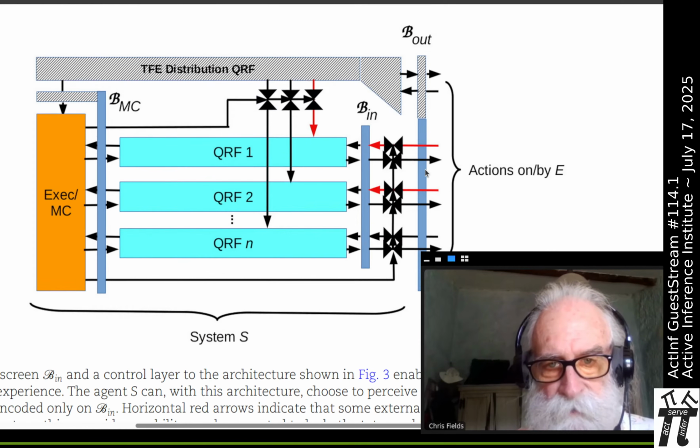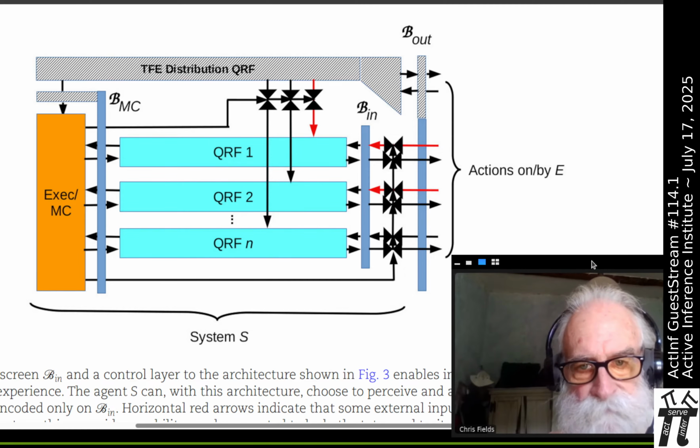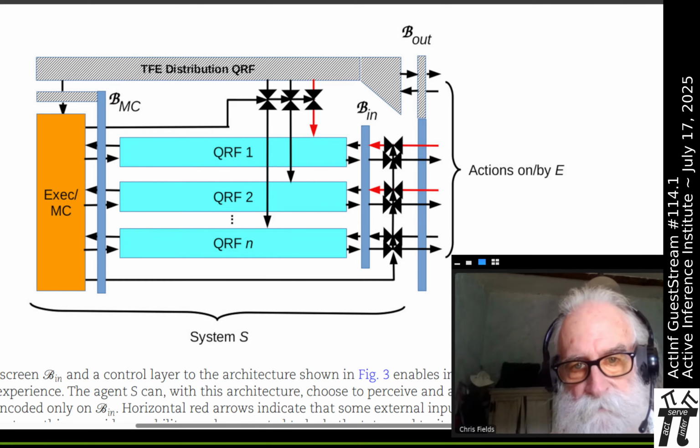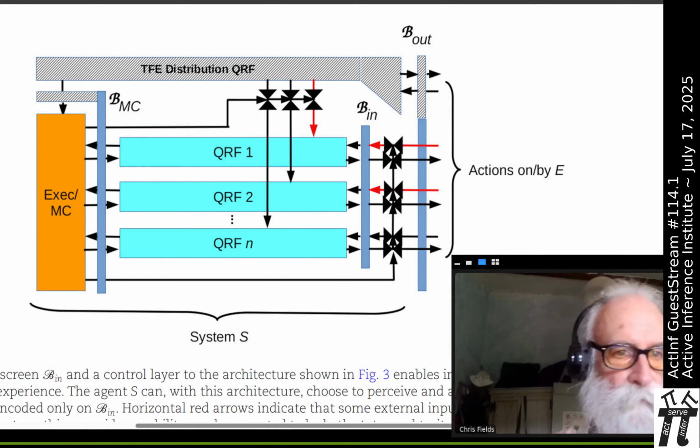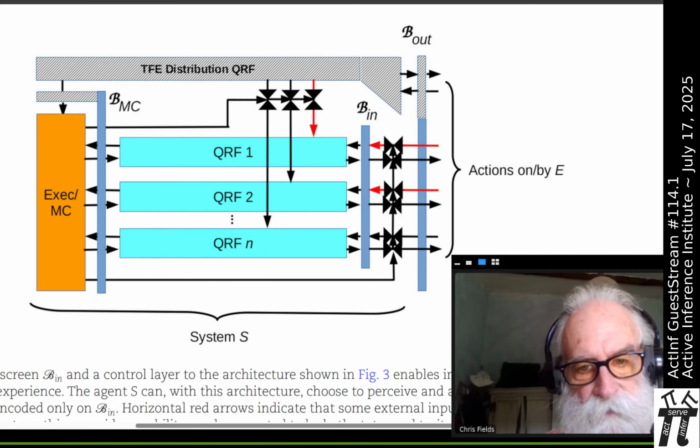This boundary is labeled Bn in this picture. And we stipulate that Bn can and typically does encode all of the information on the boundary labeled here B out, which is the Markov blanket around the whole system. And that Bn is what the system experiences.